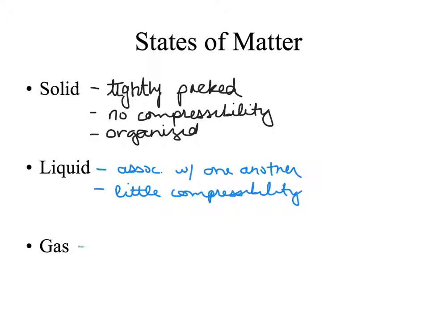And then we have gases. In gases, the atoms or molecules are going to behave as if they're the only ones present. So they do not interact with each other. There's lots of room in between each molecule or atom.